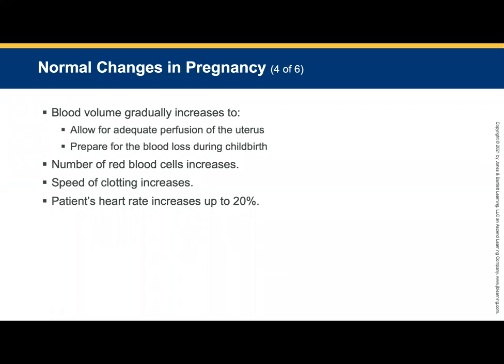So just normal day in, day out functions for 90% of pregnant women, that workload's going to increase. They're going to feel uncomfortable. They're going to have trouble breathing. You'll notice a rapid heart rate change. All of those are going to take place around the second to third trimester, and then you're going to have a baby shortly after.